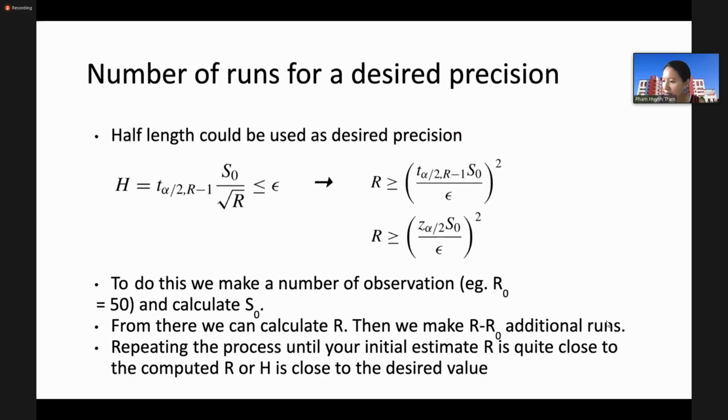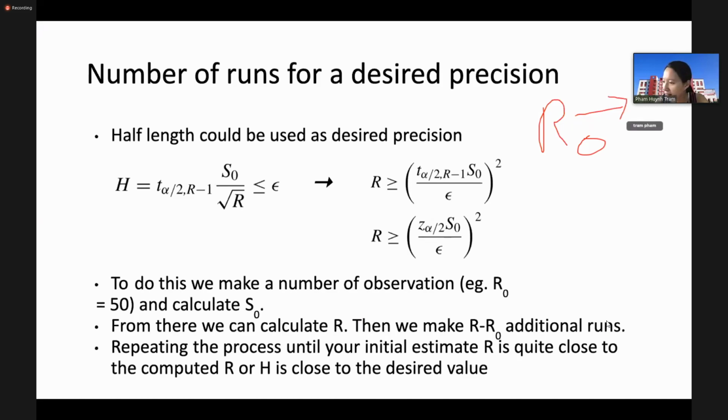So we will run an R0 times first. Let's say we run it 10 times first. When we decide to run an initial number of replication first, we got the result.